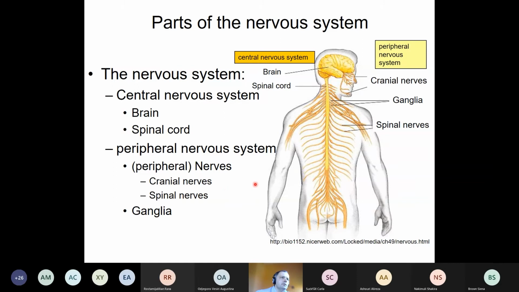But we also have so-called autonomic ganglia, which are not indicated in this scheme. They control a wide range of biological functions, and I will come back to this point later. So we will talk today about the peripheral nervous system. I will tell you less about the nerves, but more about the ganglia, and I will introduce the sensory and the autonomic ganglia today.